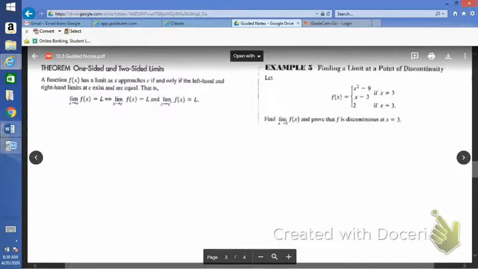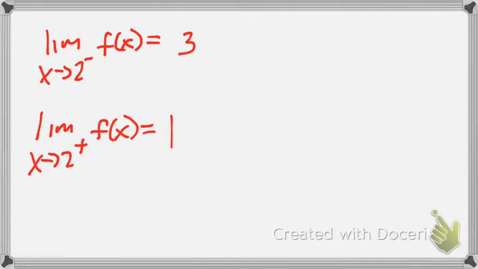Alright, so what does that mean? That means that the limit, so you see how we found the limit as x approached 2 from the left and as x approached 2 from the right? Alright, so those were our one-sided. Our two-sided limit is just this.